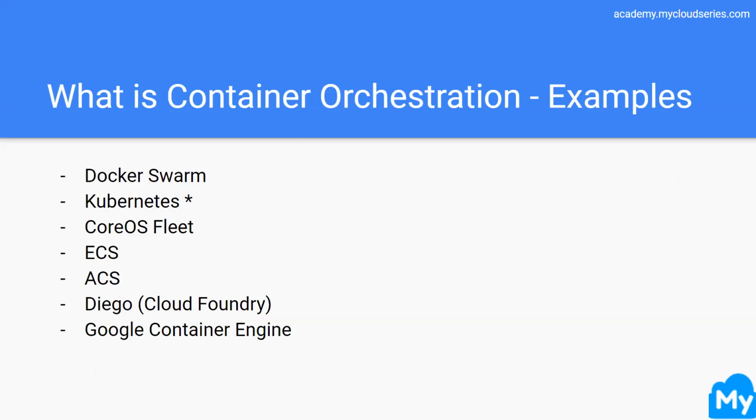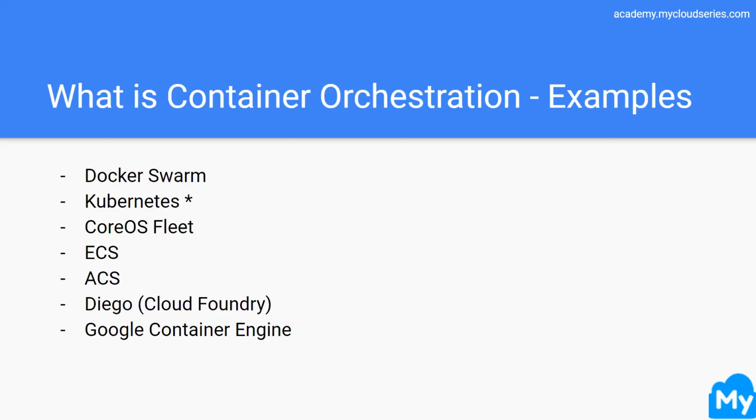We have Diego, and then we have Google Container Engine. So all these tools practically do the same thing. What I mean by the same thing is that they are all container orchestration tools and services, and they make it easy for you to deploy containers at scale. But our focus is going to be on Kubernetes.